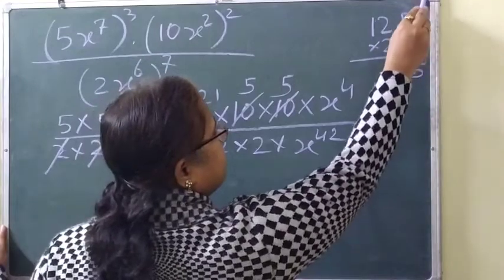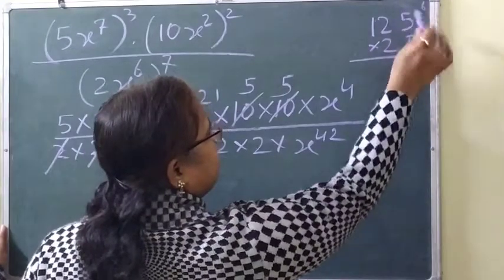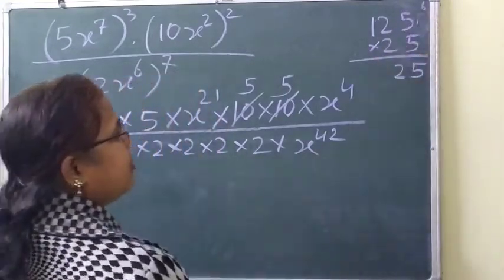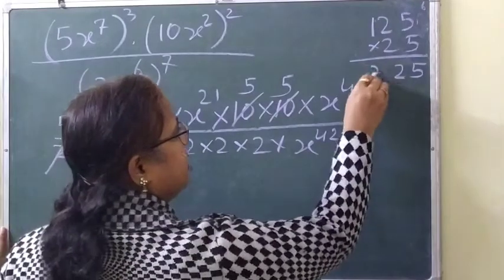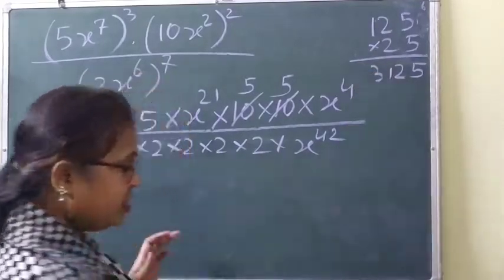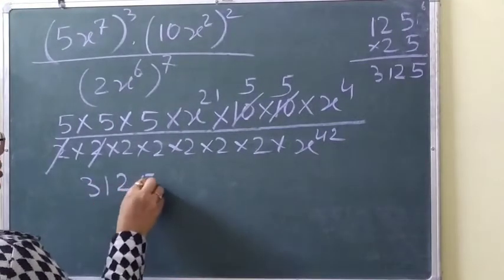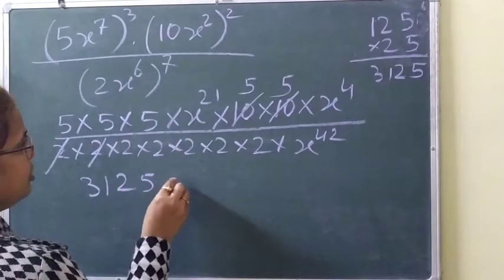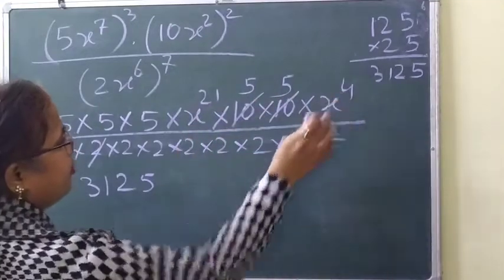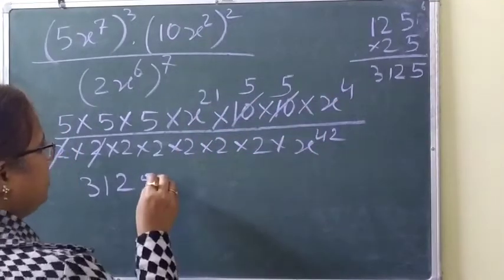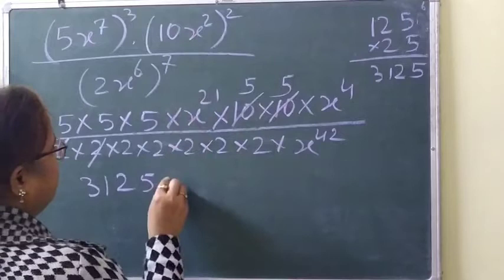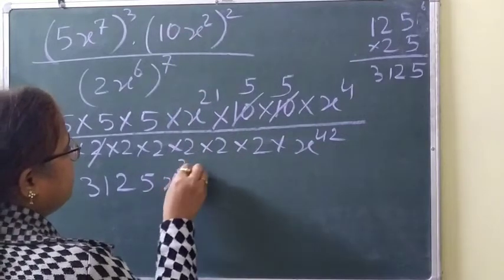So 2 here, 6 carry. Clear? Then 25 ones are 25 and 6 is 31. So here we can write 3125. Then x to the power 21 and 4, 25. Clear? Here x to the power 25.